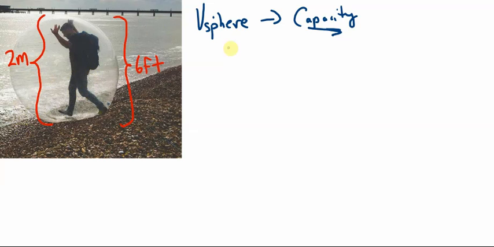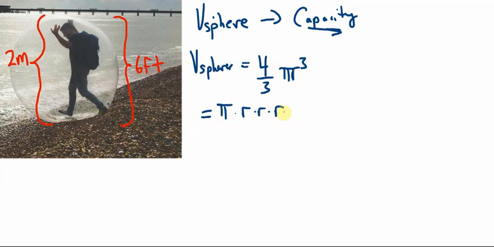So the volume of a sphere is equal to, again, 4/3 pi r cubed. The best way of doing this on your calculator is pi times r times r times r times 4 divided by 3.